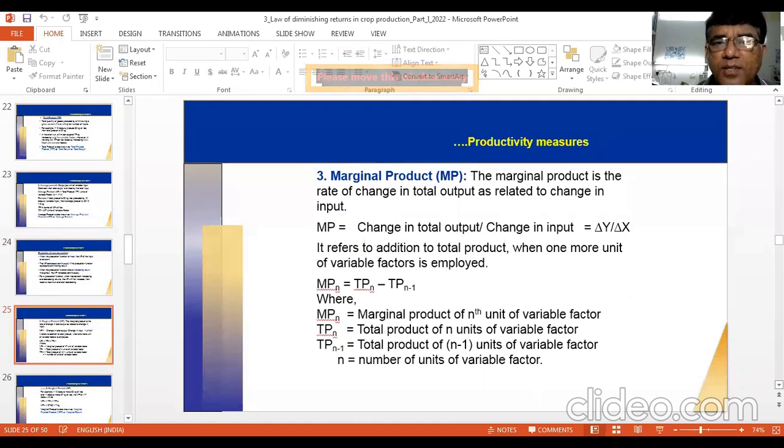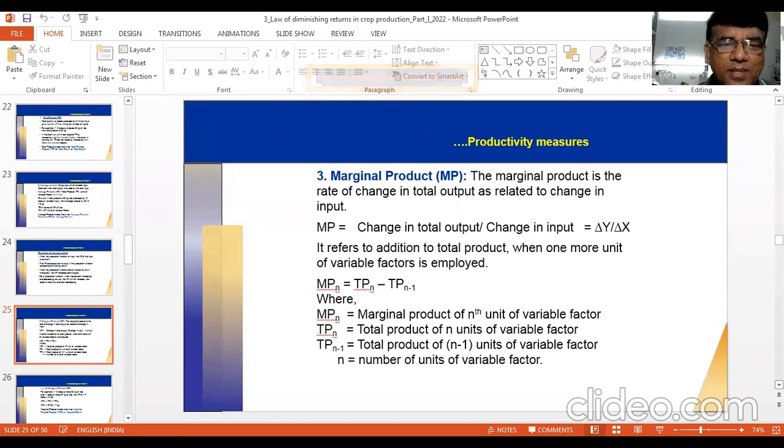Marginal product. The marginal product is the rate of change in total output as related to change in input. This is the simplest definition of marginal product. MP is change in total output divided by change in input, delta y upon delta x, which refers to the addition to total product. How much is added when one more unit of variable factor is added?